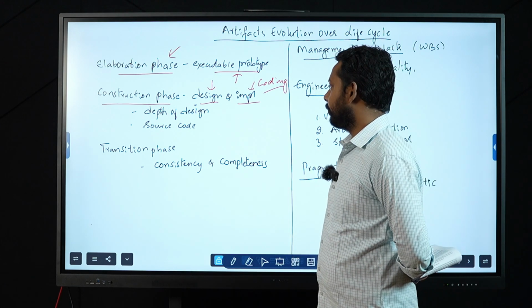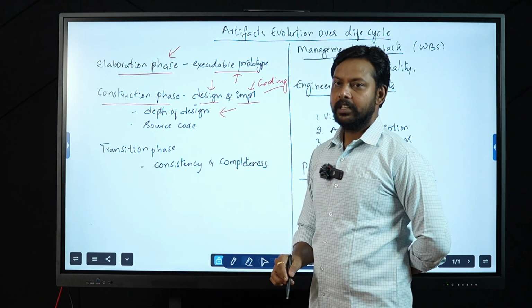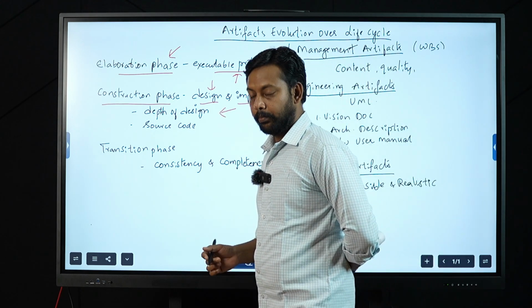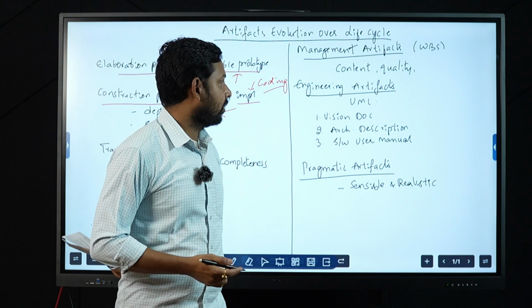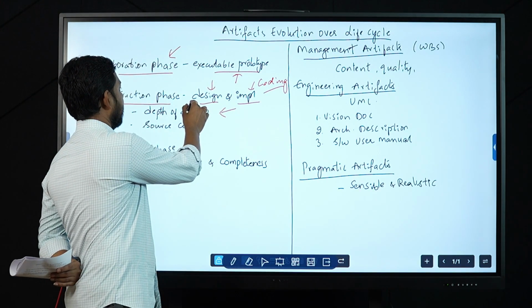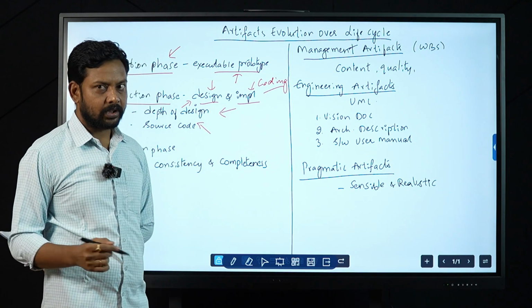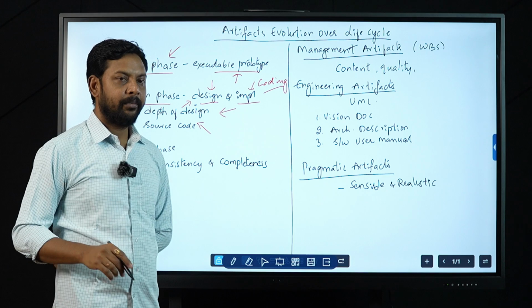So here the major focus of your construction phase is related to the depth of the design, say what is the knowledge your programmer is going to have related to your design. That is taken as your design part, and next your source code. Source code goes with your implementation part.